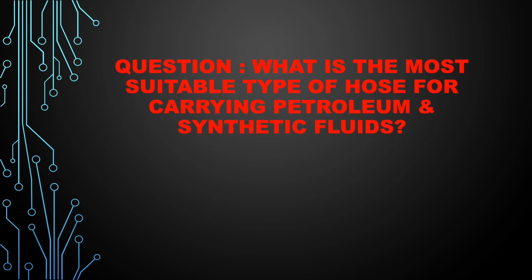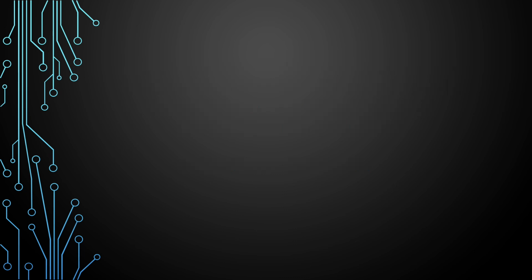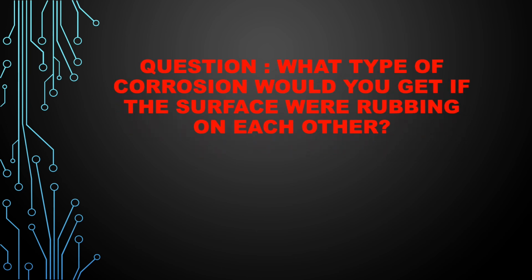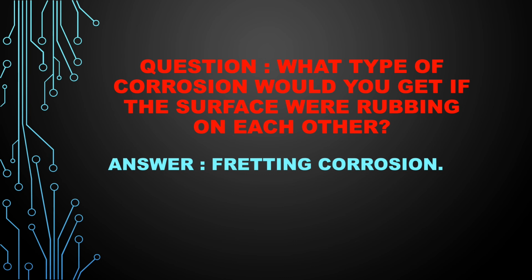Question. What is the most suitable type of hose for carrying petroleum and synthetic fluids? Answer. Teflon. Question. What type of corrosion would you get if surfaces were rubbing on each other? Answer. Fretting corrosion.